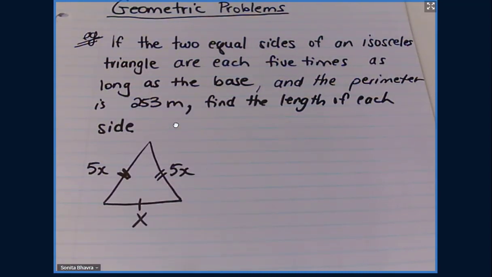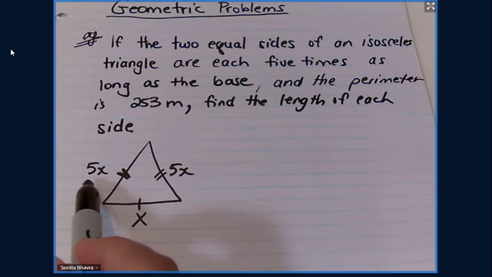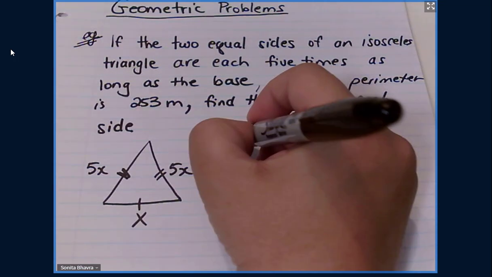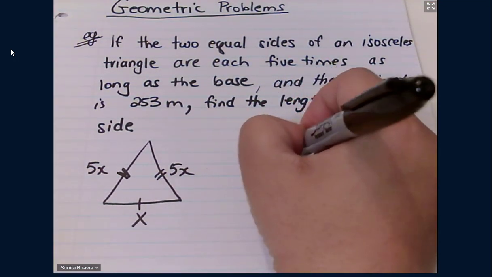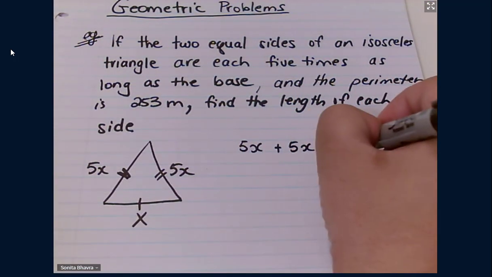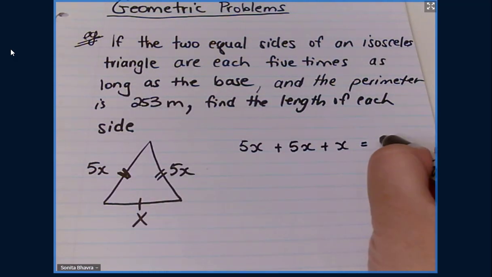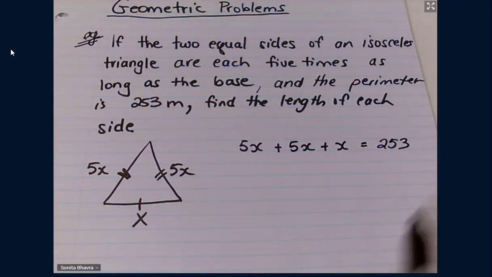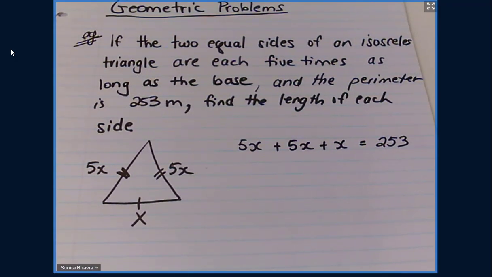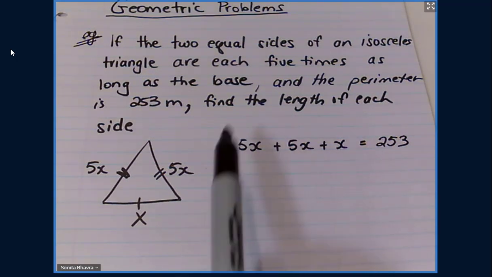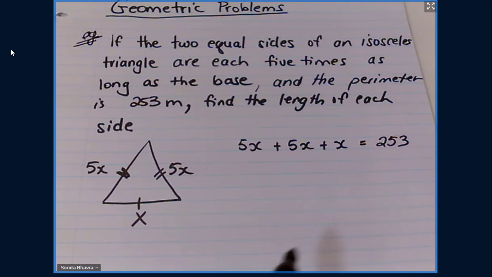All right, so let's write that down. So we have 5x plus 5x plus x, and it's equal to 253 meters. So there's our equation. What we can do now is collect like terms and then solve for x.